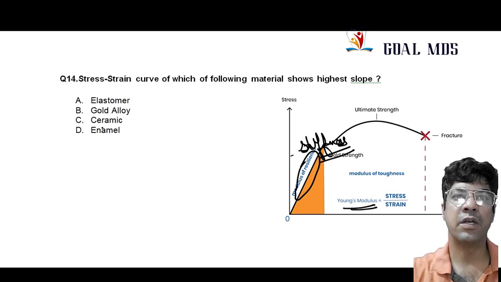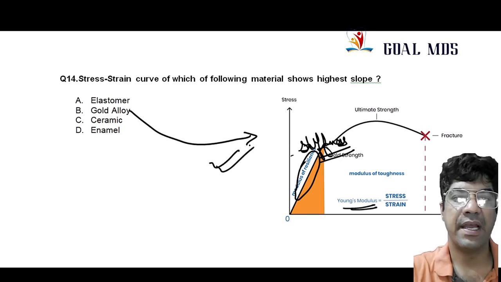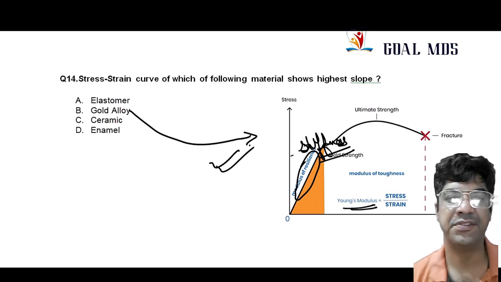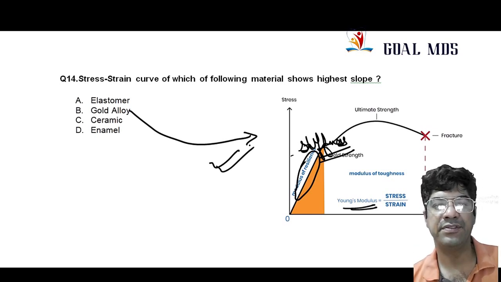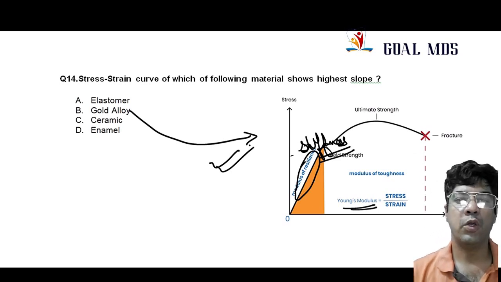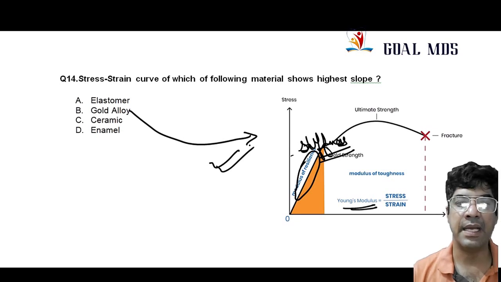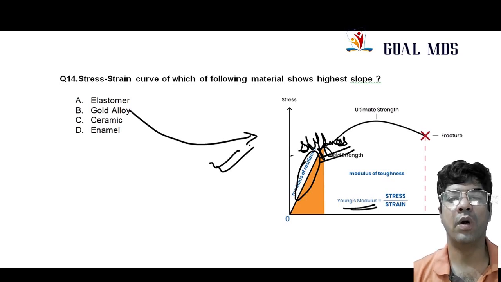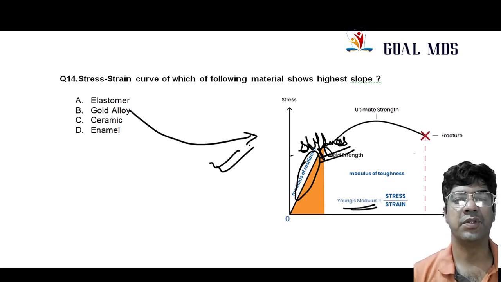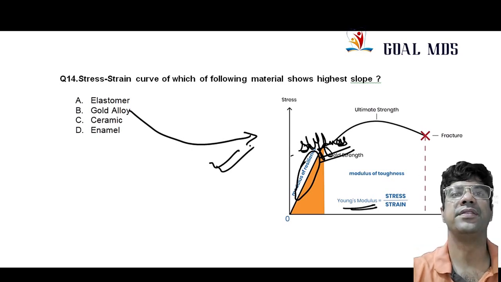So in this case, the gold alloys have a higher slope on the stress strain graph, indicating a higher stiffness compared to other materials listed above like elastomers, ceramic and enamels. Gold alloys are known for their relatively high Young's modulus of elasticity compared to other dental materials. So that makes them stiffer and less deformable under stress.